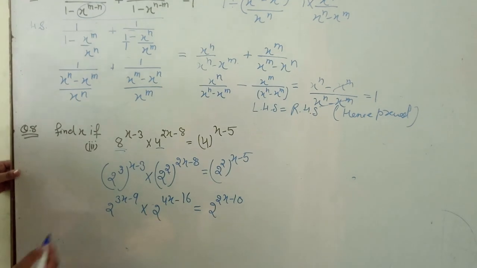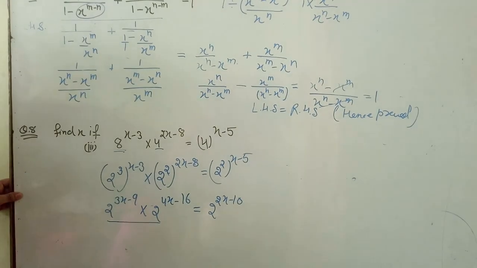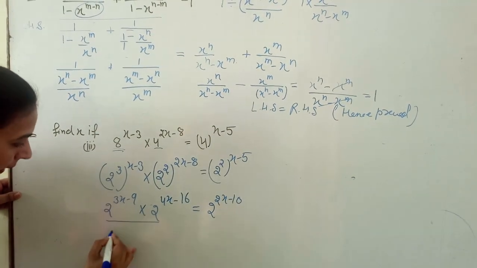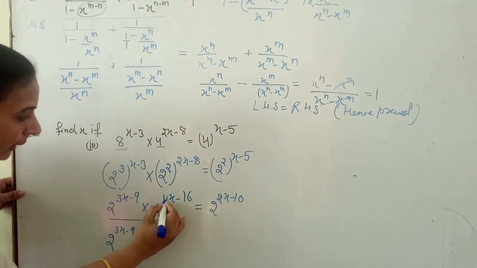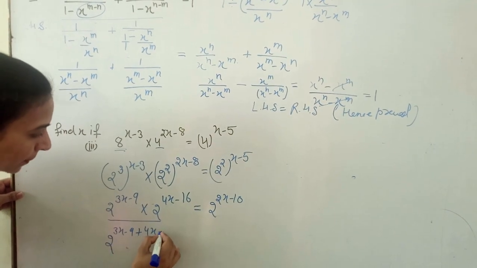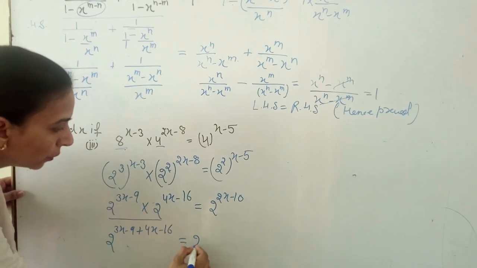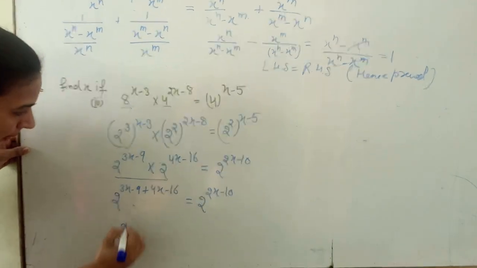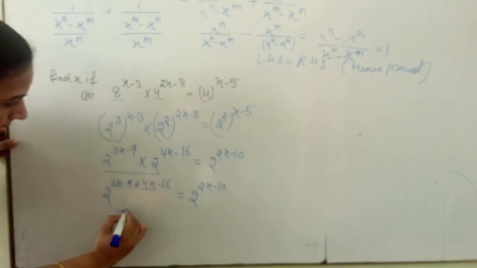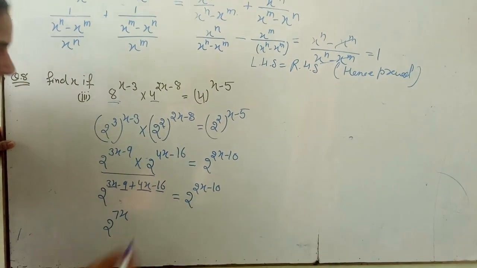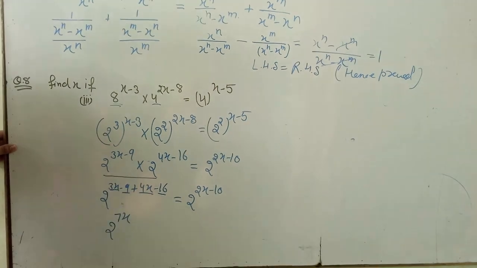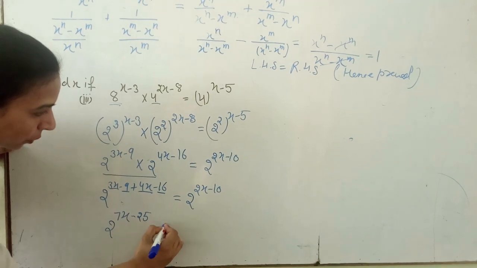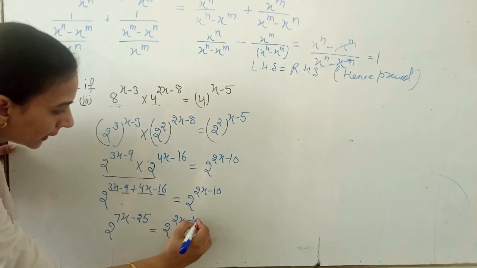Student, clear? Again, base same, then powers should be added according to product law. 2 raised to the power 3x minus 9 plus 4x minus 16 equals 2 raised to the power 2x minus 10. 2 raised to the power 3x plus 4x is 7x, and minus 9 and minus 16 is minus 25, equals 2 raised to the power 2x minus 10.